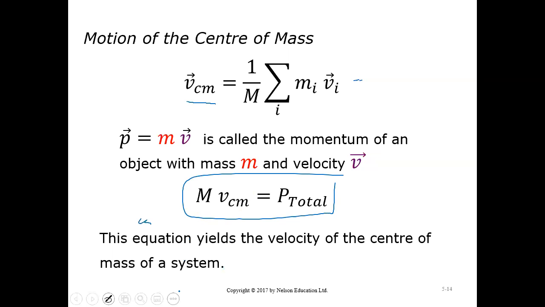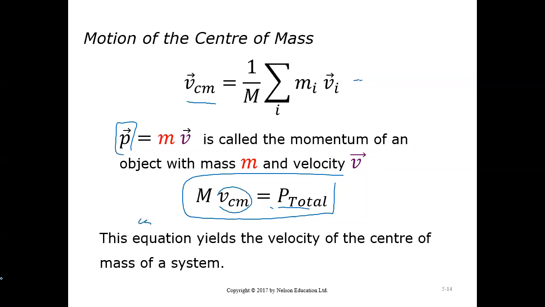When we have a collection of objects, which we call a system, the total mass of that system multiplied by the velocity of the center of mass is equal to the total momentum. So if there are many objects with different momentum, P1, and so on, P is the symbol we use for momentum.